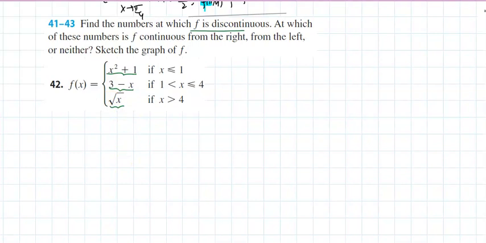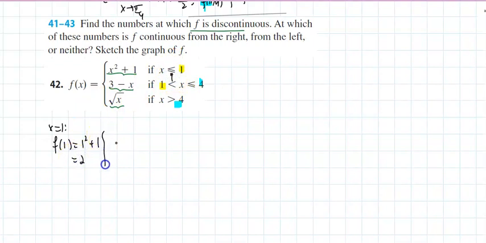So what could go wrong? Well, it could go wrong at those split points. It could be at 1 and 4 that things went wrong. So let's take x equal 1 for starters. If I take f of 1, this is the included part. That is 1 squared plus 1, that is 2.